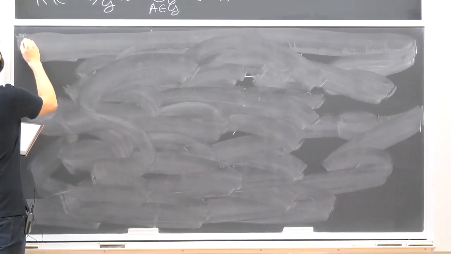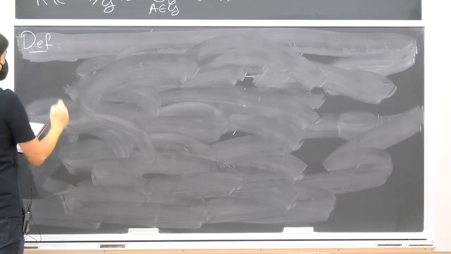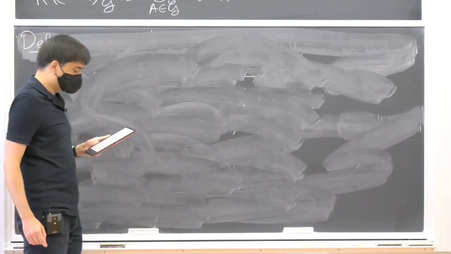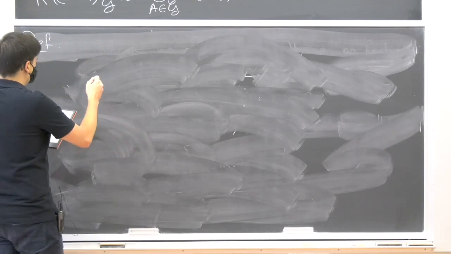Now we have a notion of infinite sum, so let me define the heart of the talk. What does it mean to be strongly linear, or well, strongly additive?